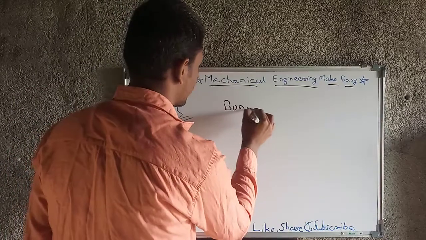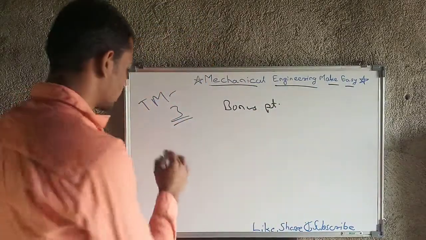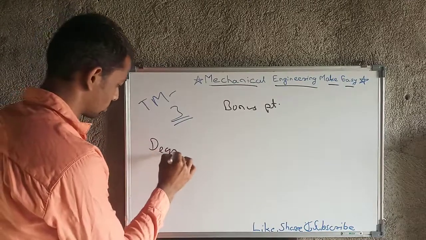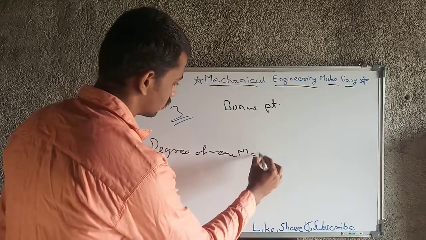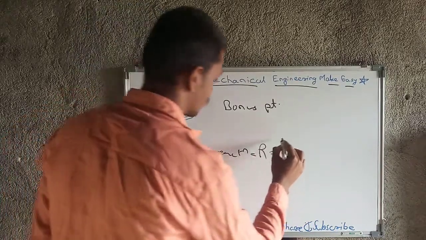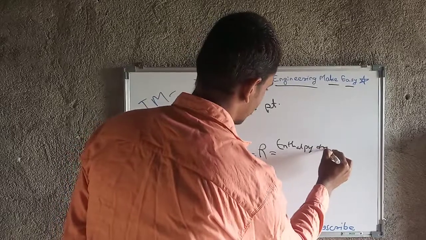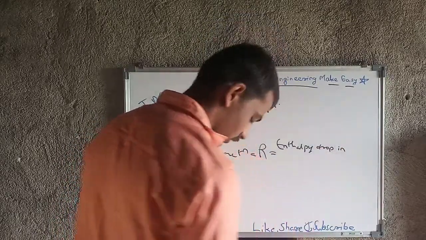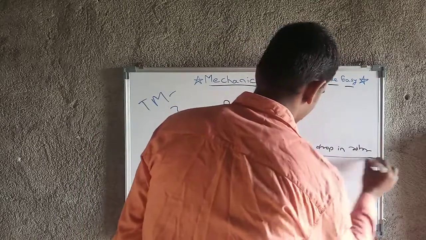The bonus point for today is the degree of reaction. It is denoted by R, and it is the enthalpy drop in rotor upon total enthalpy drop.